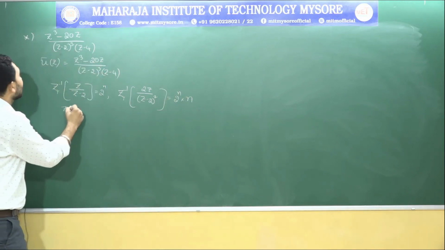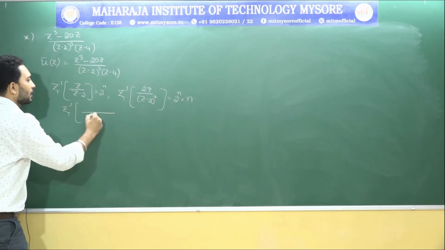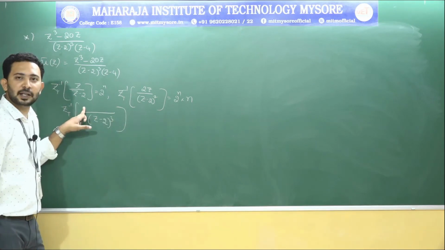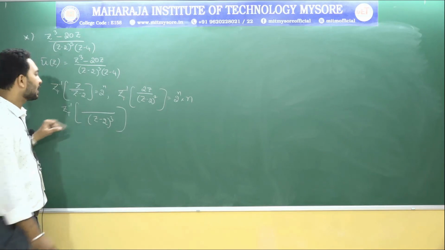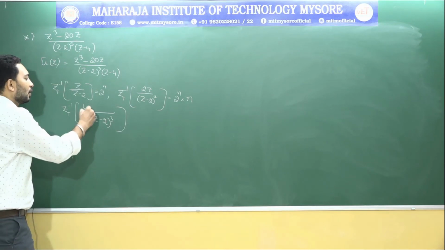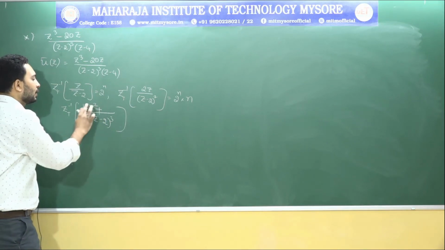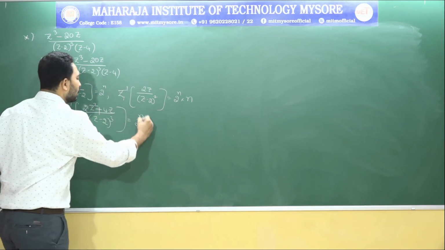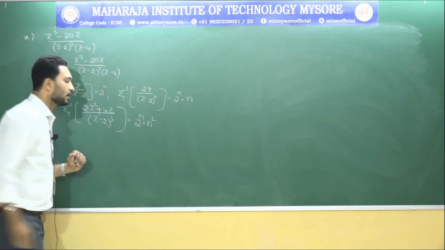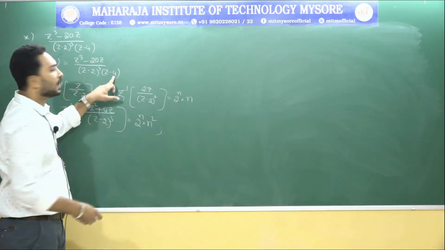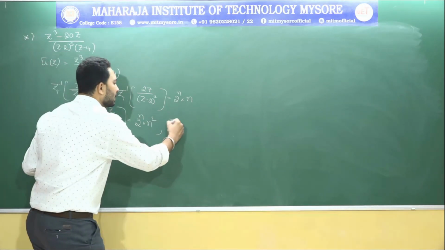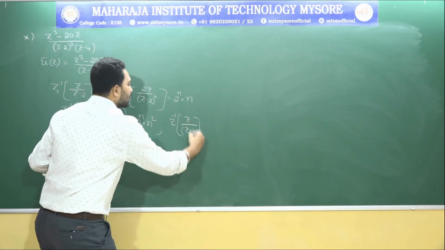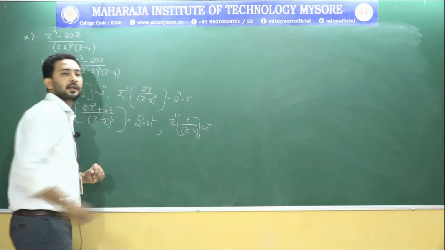And if we have (z minus 2) whole cube in the denominator, then the numerator will be k into z square plus k square z. So then we'll get 2z square plus 4z, it is 2 power n into n square. And finally we have z minus 4 here, that is z inverse of z divided by z minus 4, which is 4 power n.